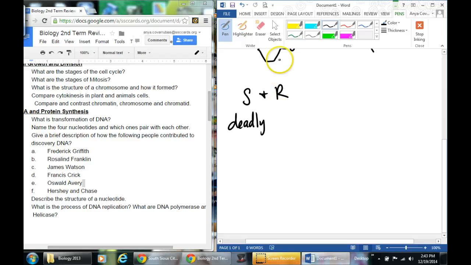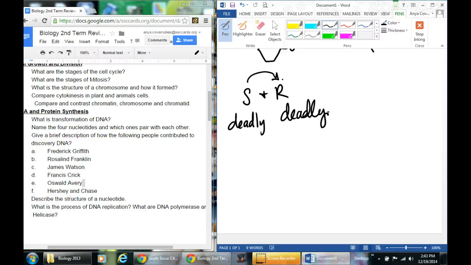And so he killed both of the bacteria, and then he transferred some of the bacteria from the S bacteria into the R bacteria, and even though the bacteria had died, they just moved the DNA over from the S to the R, and then it made the R bacteria also deadly. And so that showed that DNA could be transferred between cells, and this was a really big discovery for this time period.